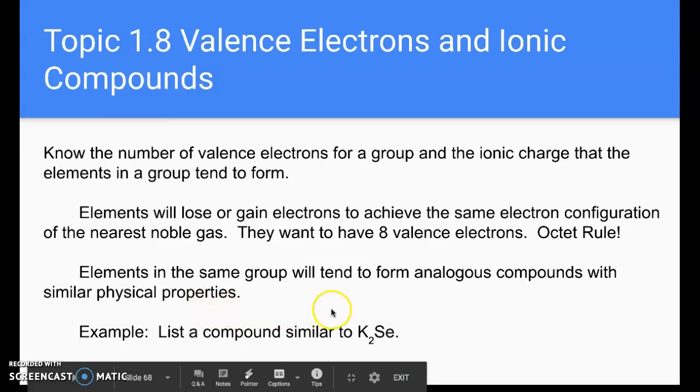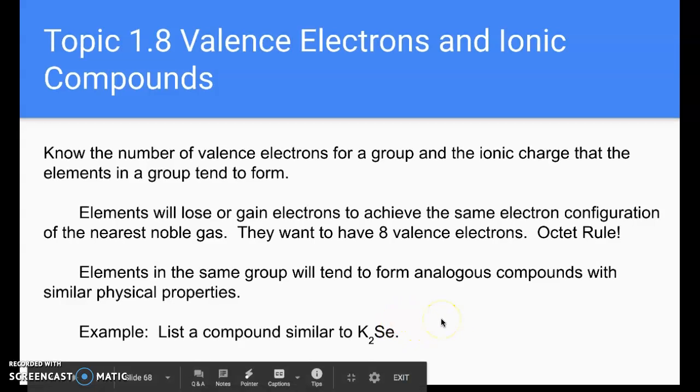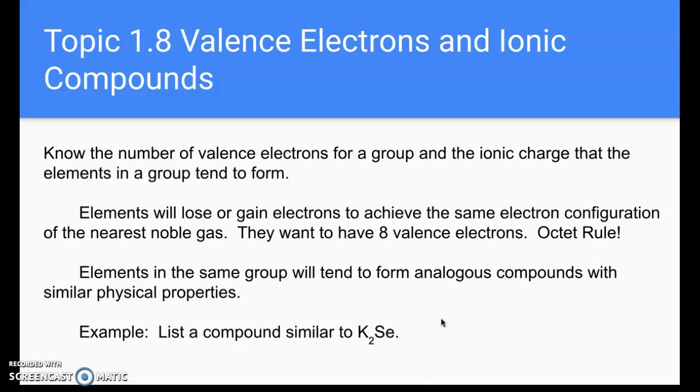So we want to list a compound similar to K2Se. So when we list a compound similar, you would expect that compound to have similar physical and similar chemical properties. So really what you want to do here is look for the elements directly above and below the elements that are already in the compound.